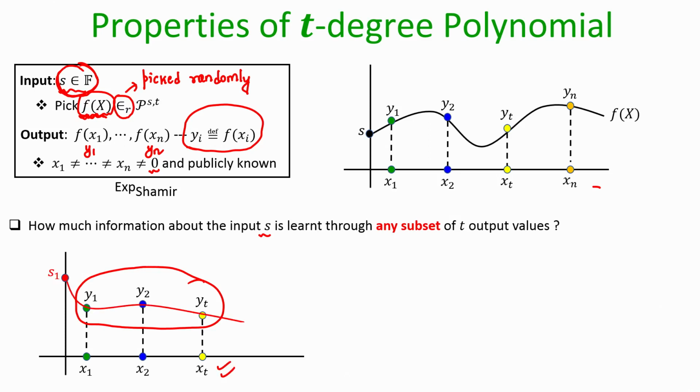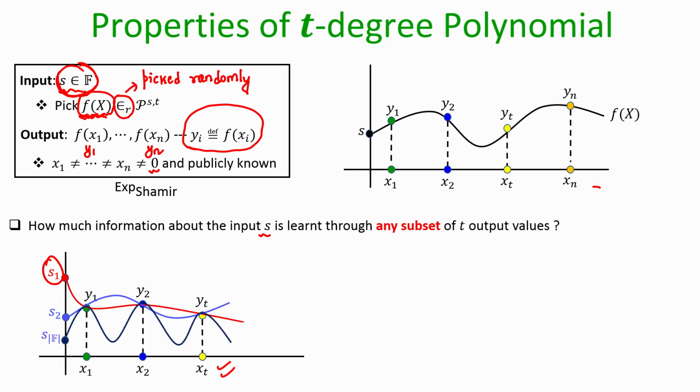The thing is, from your viewpoint, you do not know what was the curve f of x that I have chosen. You only know that in the experiment I have chosen the curve f of x uniformly at random, but that f of x curve could be such that its constant term is an element S1 from the field, or it could be the case that the curve I have chosen had constant term S2, which means my input in the experiment was S2, and the polynomial evaluated at x1, x2, up to xt gives you the outputs y1 to yt.